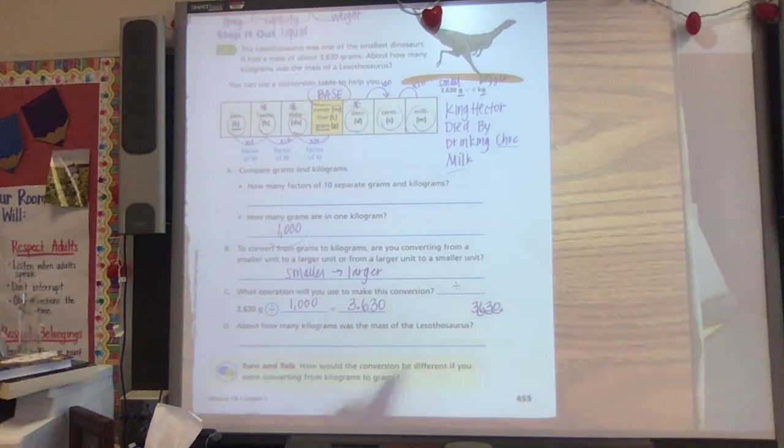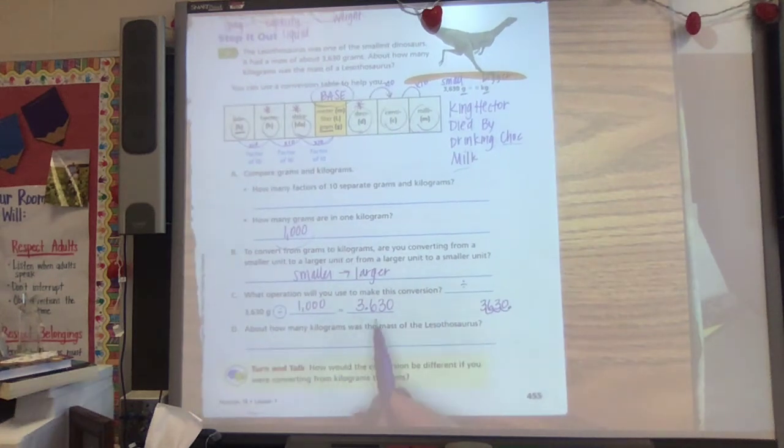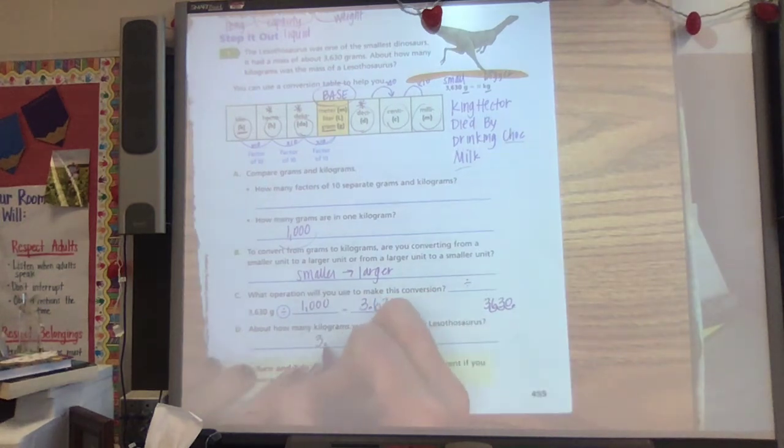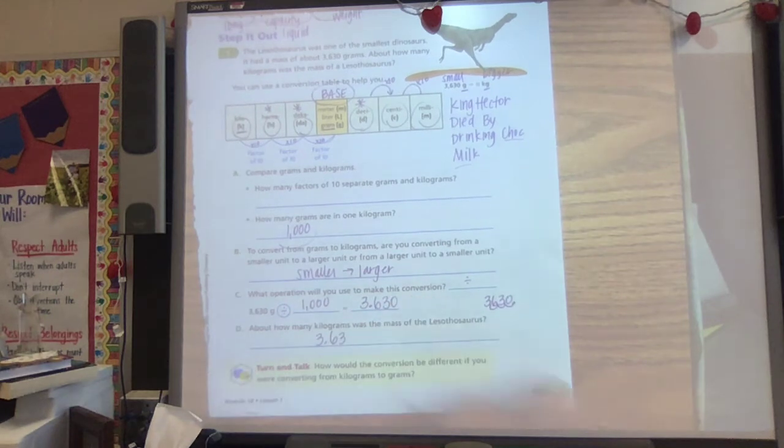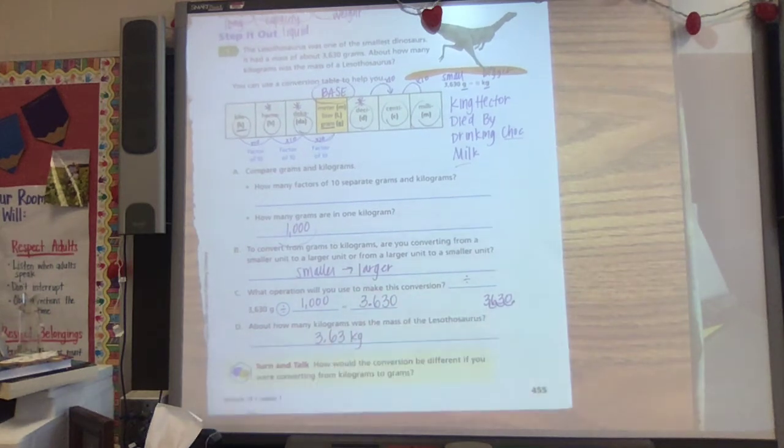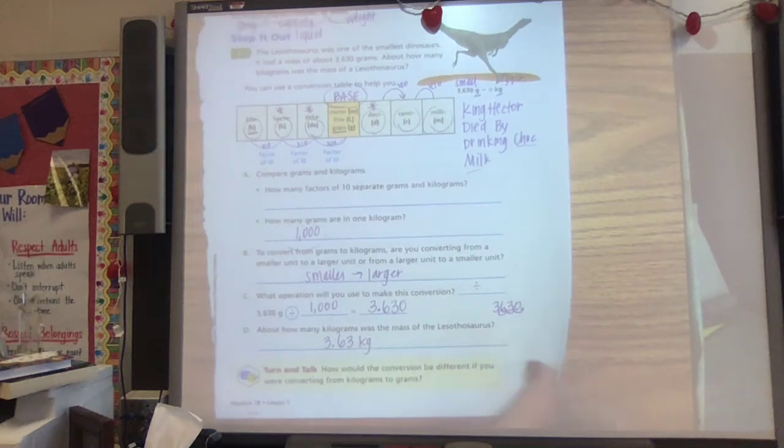And that's going to show us our new value, 3 and 630 thousandths, or 3 and 63 hundredths. So about how many kilograms? You could say about 3 kilograms, which makes sense because in our mind, if we were to divide 3,000 by 1,000, 3 would make the most sense.